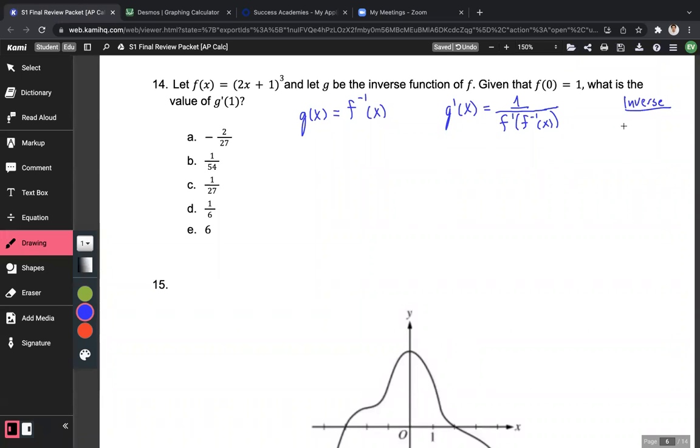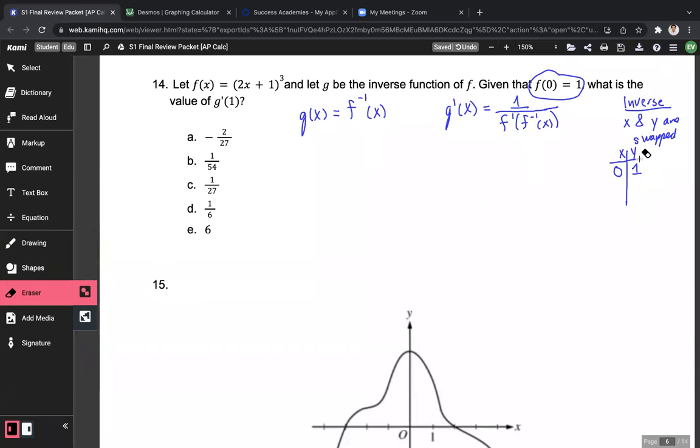Inverse just means that x and y are swapped. So for example, let's say that I had a little table of values, x, y here, and I am given that information. It's an important thing to annotate. f of 0 equals 1. So if I put in my x value of 0, my y value is 1. I'm going to change y to f of x, actually.